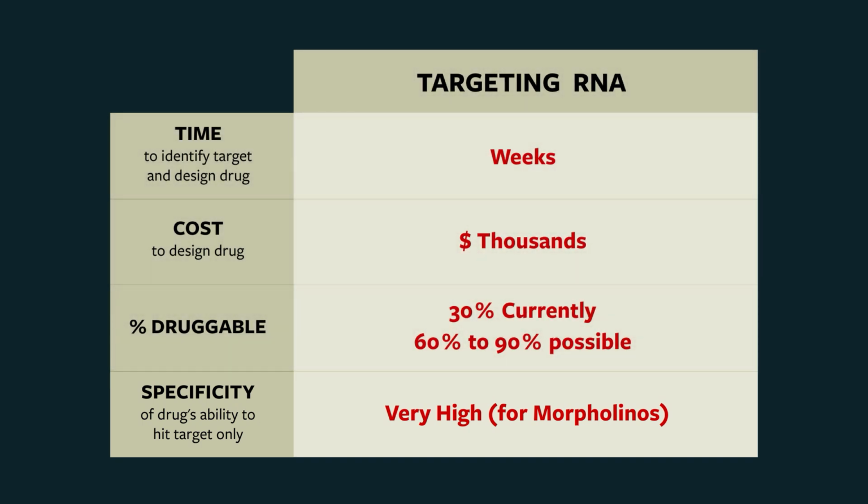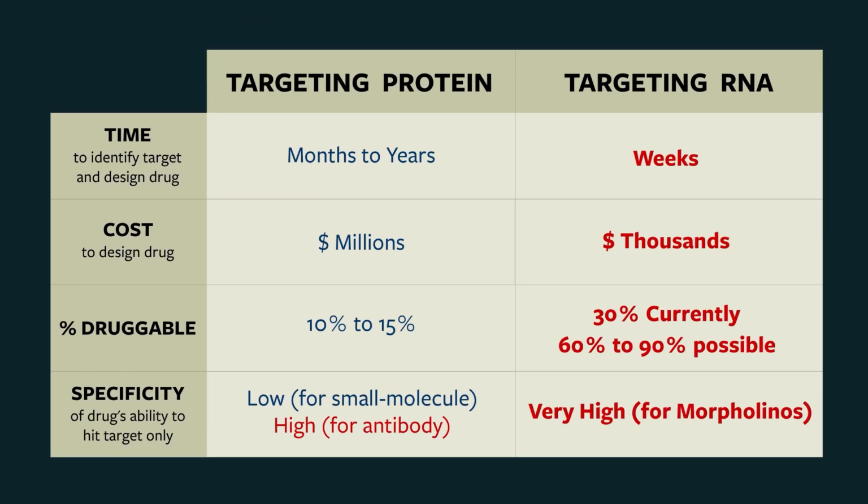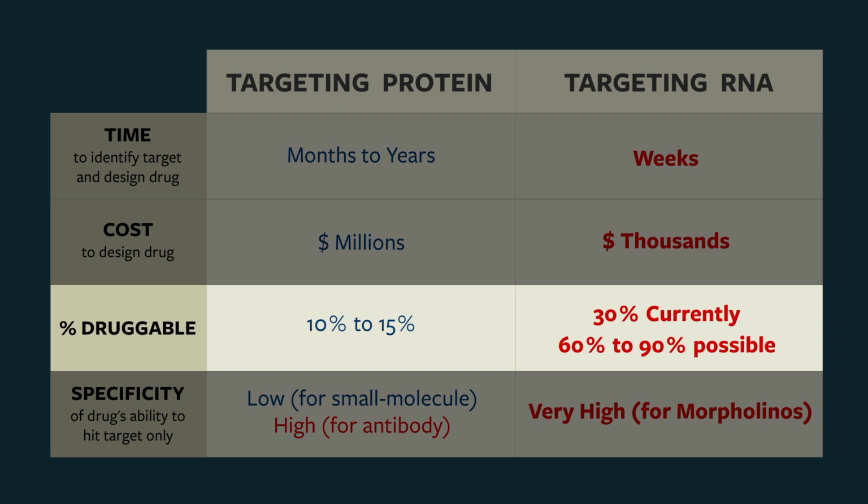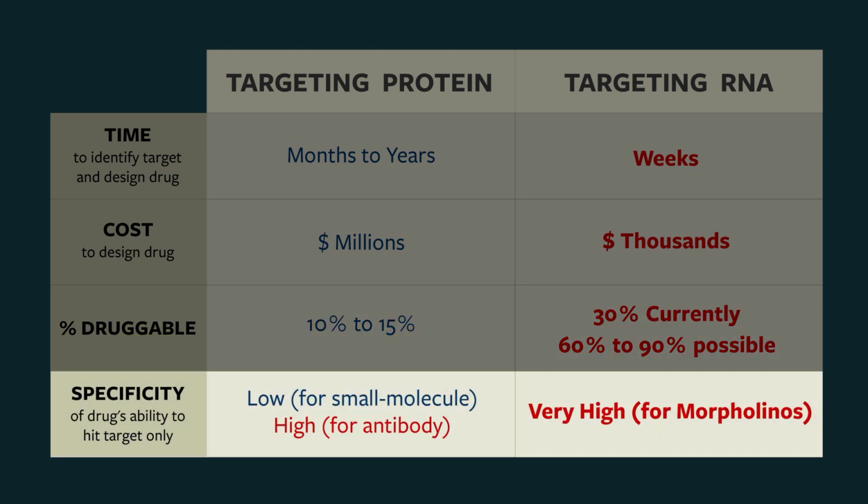The differences between targeting a protein and targeting an RNA transcript are even more apparent in a head-to-head qualitative comparison. In a nutshell, relative to targeting a protein, targeting an RNA transcript is typically much faster, far cheaper, substantially more of the identified targets are druggable, and targeting specificity is the highest of all the targeting strategies.